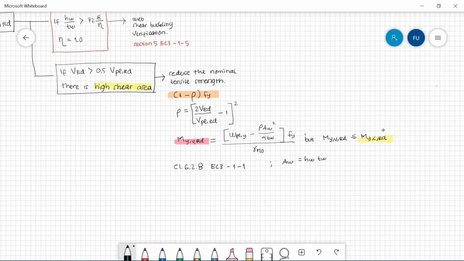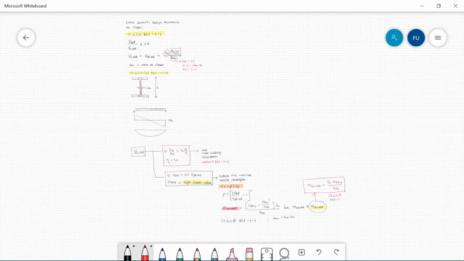And this MyCRD is calculated as Fy times plastic modulus Wpl,y over gamma M0. You can find this in clause 6.2.5 Eurocode 3 part 1.1.